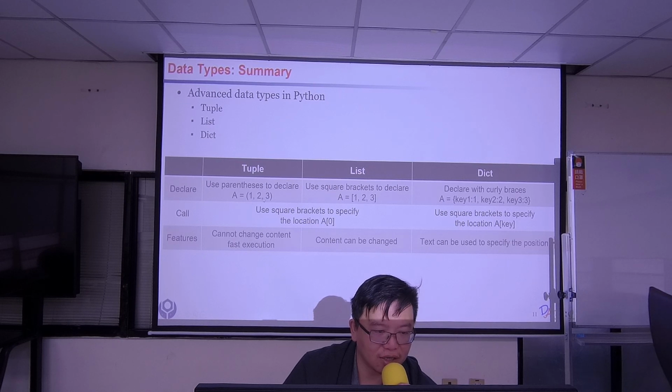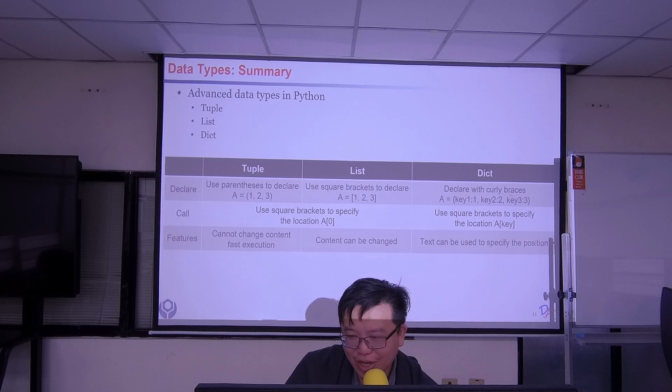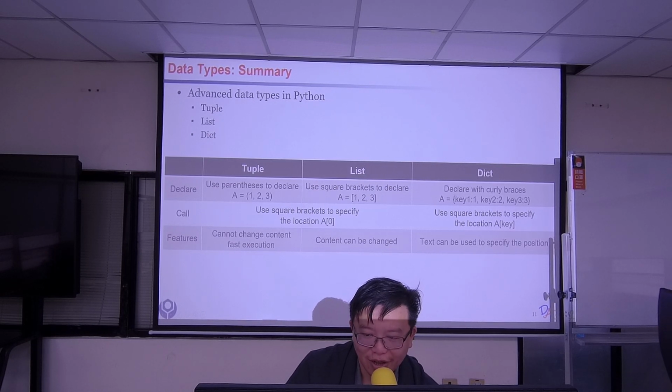They are defined in different ways. The first one is defined by parentheses, the rounded brackets, and list is defined by the square ones, and the dictionary is defined by curly braces.